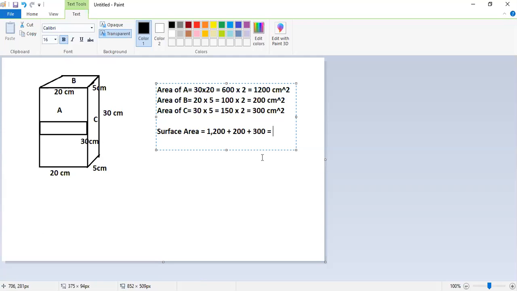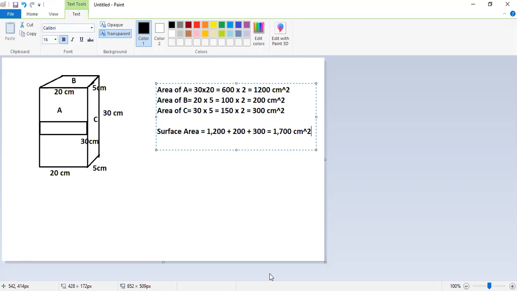So 300 plus 200 is 500. 500 plus 1200 is going to give you 1700 square centimeter. So the answer for question number 5 is going to be 1700 square centimeter.